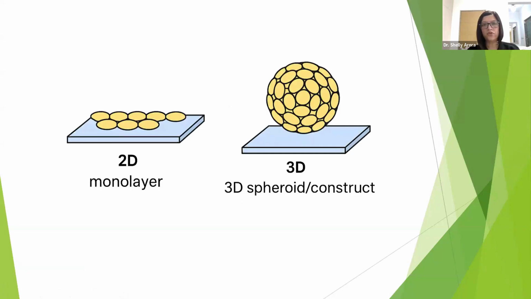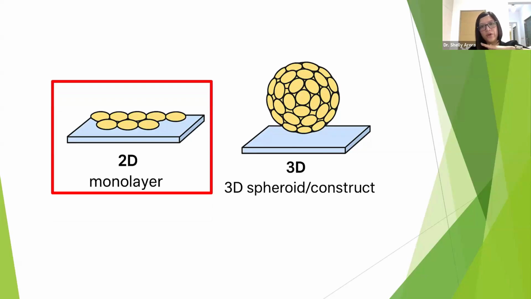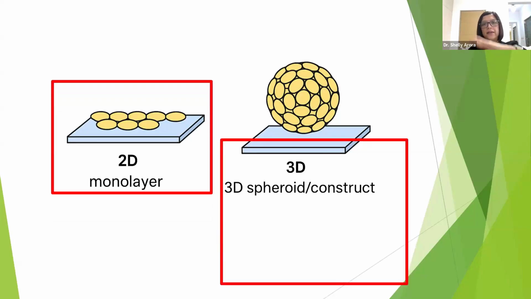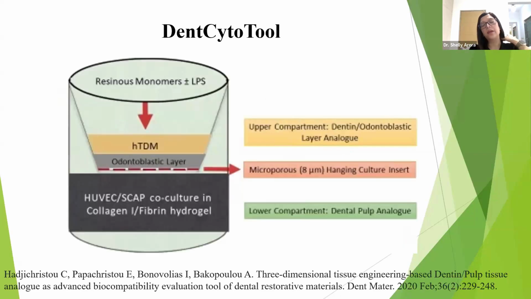So again, to recapture what I've covered: 2D is essentially cells growing on a flat surface, and in 3D the cells are growing horizontally as well as vertically. They're growing in a three-dimensional environment, which simulates the bodily or pulp microenvironment.